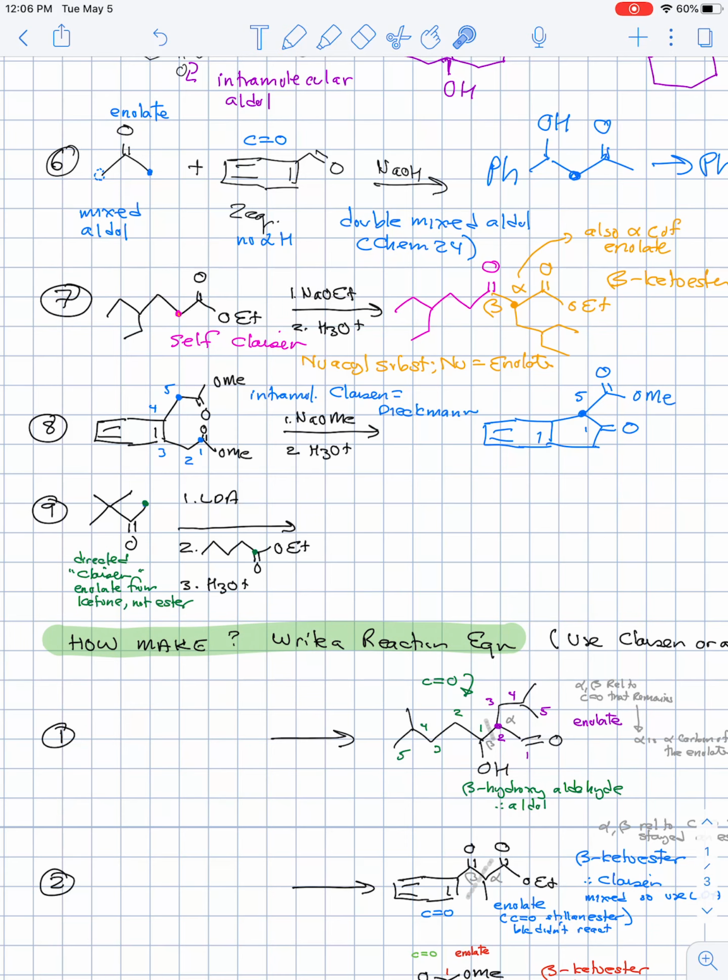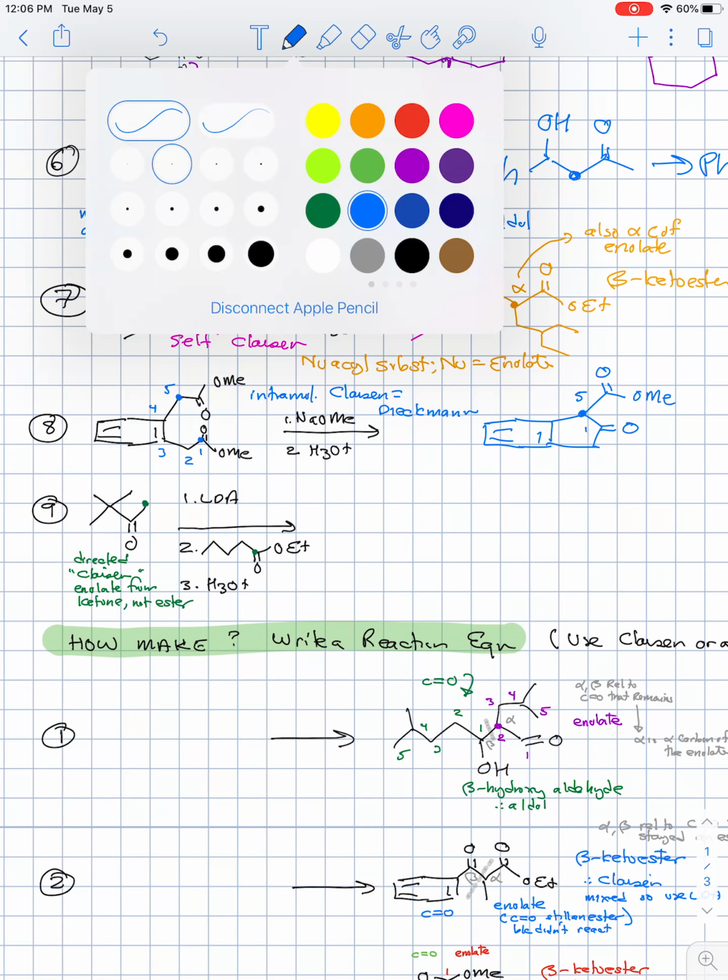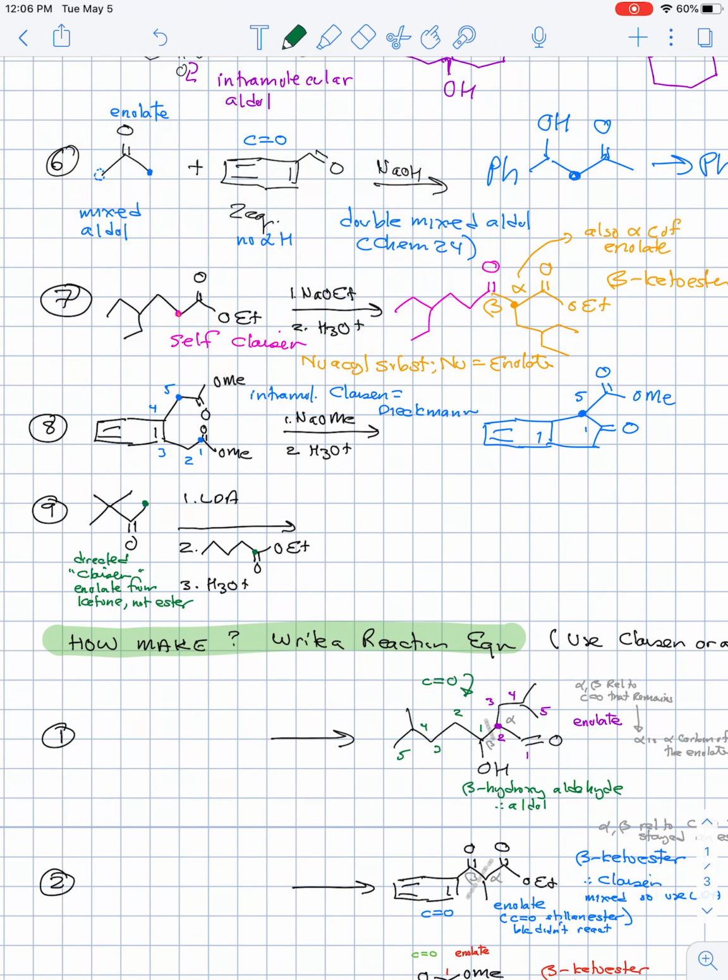So we'll start out by, again, I will attempt to follow my own rules, and I'll write the carbonyl first, the compound that acts as the carbonyl first, and then this group leaves. And then we're going to attach that to the carbonyl, or to the alpha carbon to the carbonyl, which will give us that.